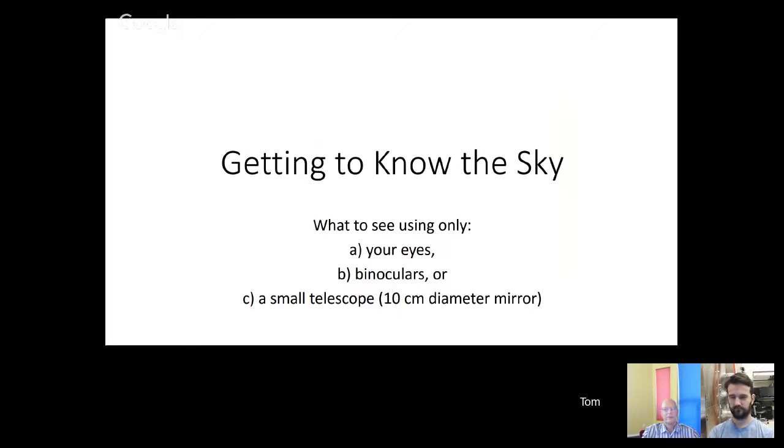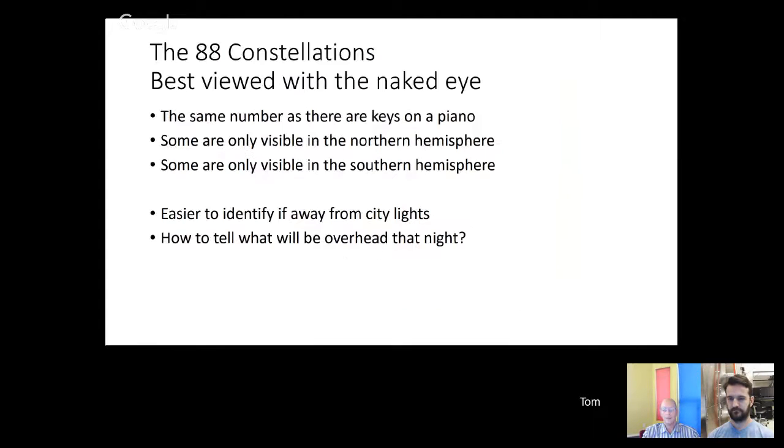So we'll start out with what you can see using only your eyes, and then what objects are good to look at with binoculars, and then finally what objects require a small telescope. So let's start with the constellations.